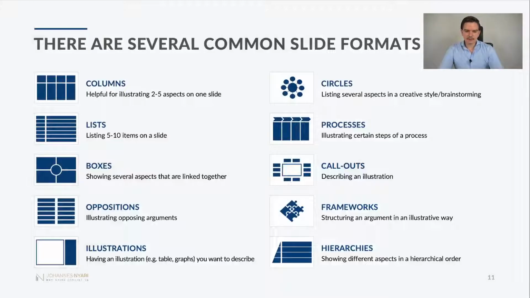Then the next format type that you can use is circles. This is similar to using boxes, but the point here is that you have more points. I like to use that especially if we talk about more brainstorming related topics, or if I just want to highlight several aspects around a certain topic.